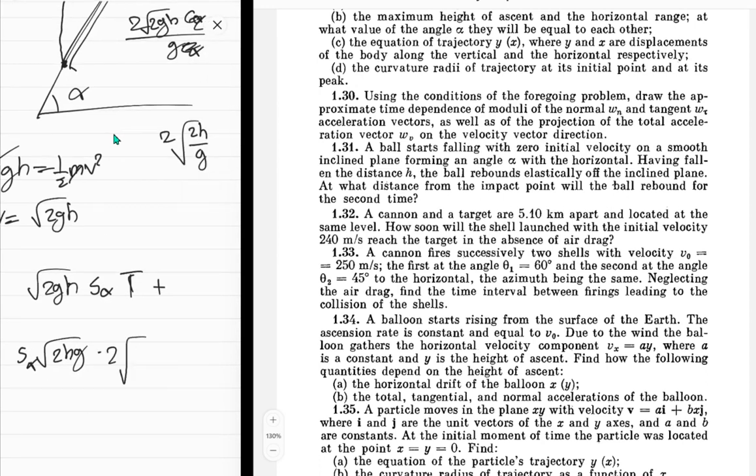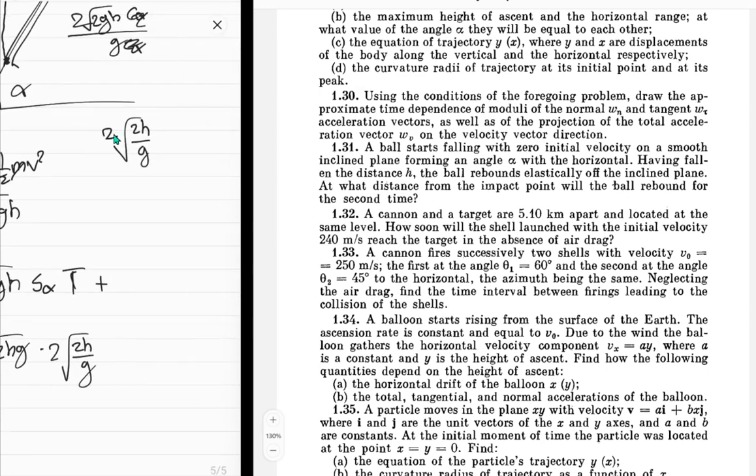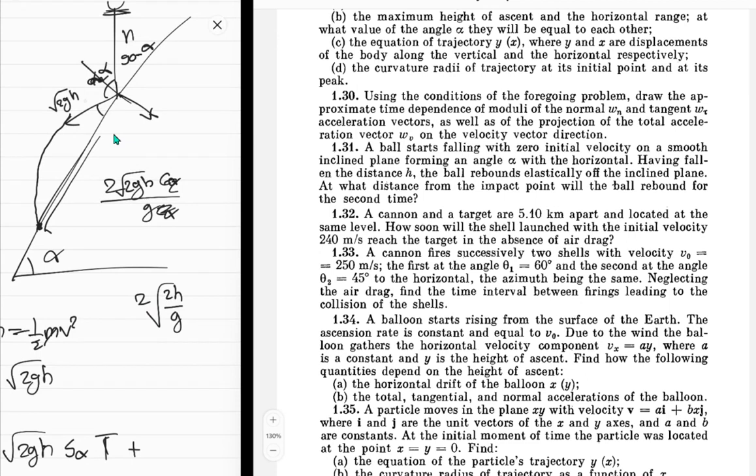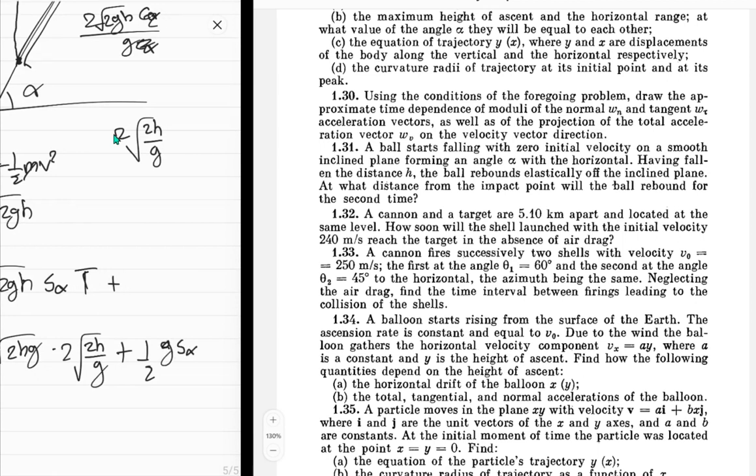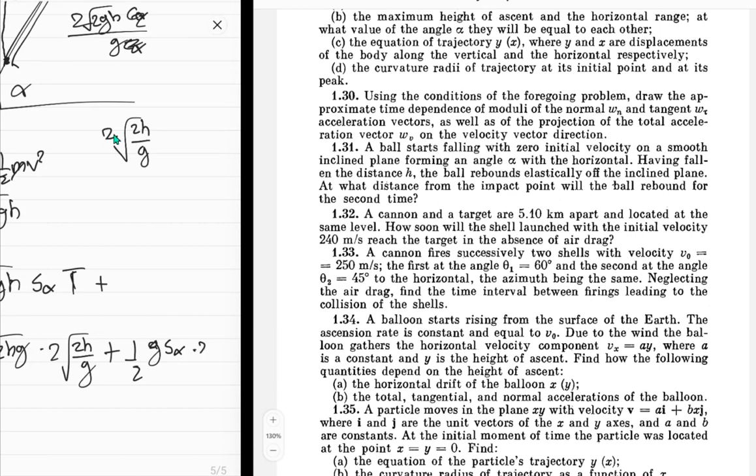So 2 square root of 2h upon g plus half a t squared, where a in this direction is just g sine alpha, and that times t squared, so the square of this thing is just 2h upon g. Oh, there's also 4 over there, so that will just make it 2 right there. Yes, that's how it should be.